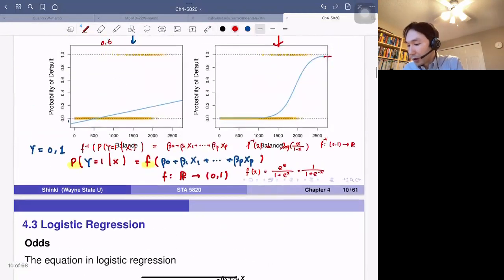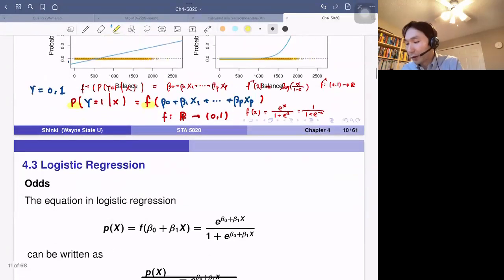The linear regression interpretation is easier because y is a linear function of x. If we increase x1 by 1, then y increases by beta 1. But for logistic regression, because of this function f, the relationship between y and x1 to xp is highly nonlinear.